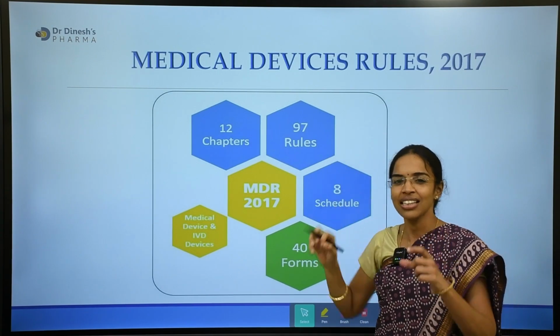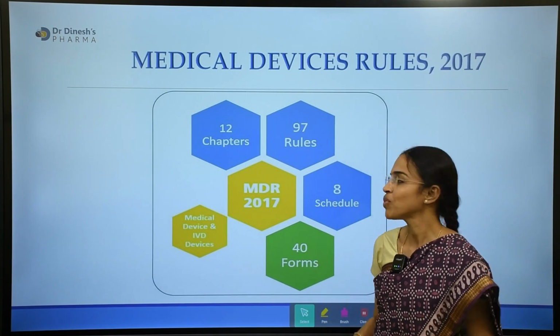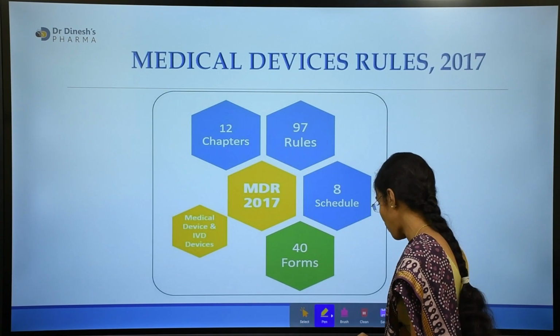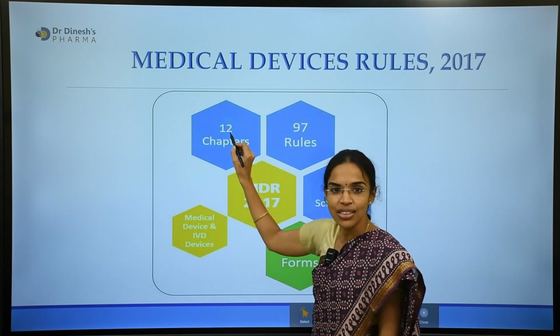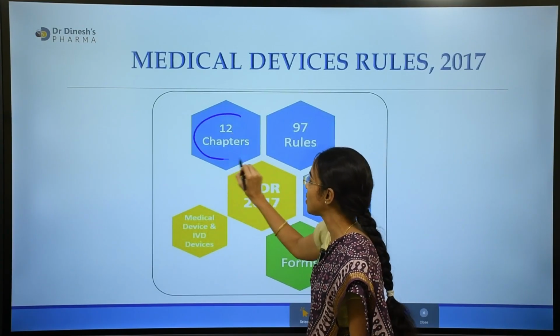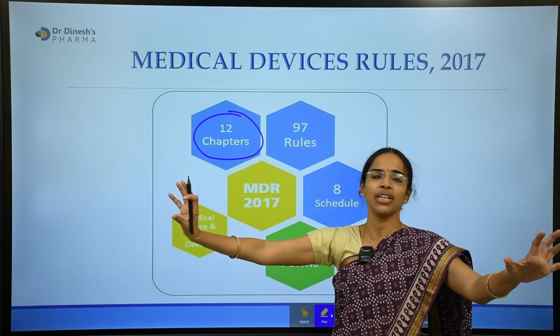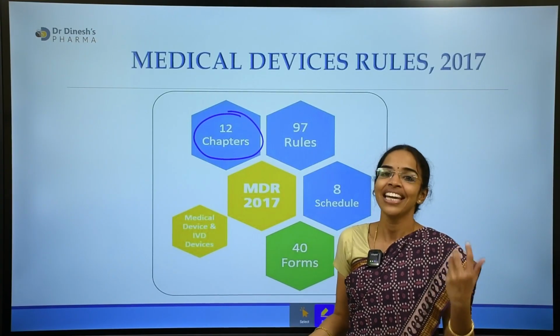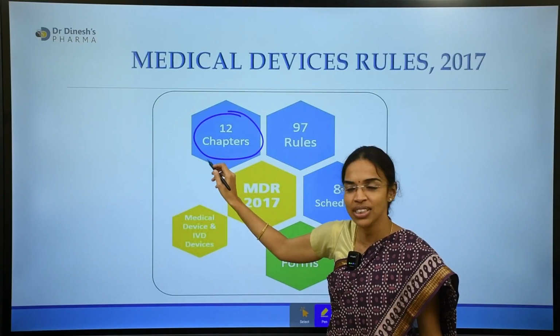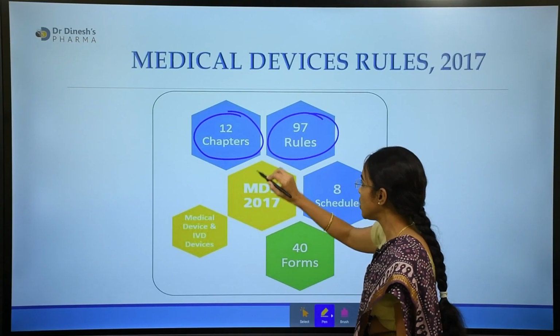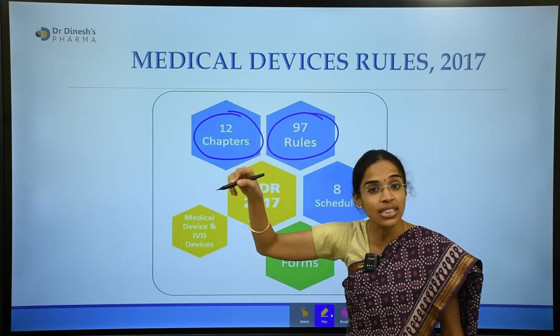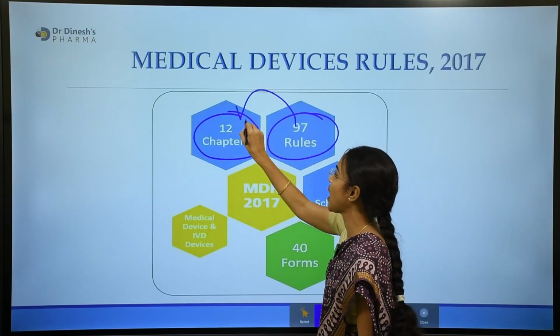We will see a quick glimpse. It consists of 12 chapters totally and 97 rules. All these 97 rules fit into these 12 chapters.